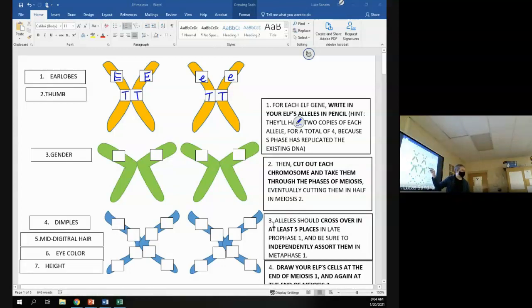It's either XX or XY. If you're female, it's X's across the board. If you're male, it's 2 X's and 2 Y's. What's the letter for dimples? Is it D? If you're heterozygous, 2 big D's, 2 little d's. You see how this works? Everybody get it? All right. All you got to do right now is transfer your parent elf's genotypes to these chromosomes.